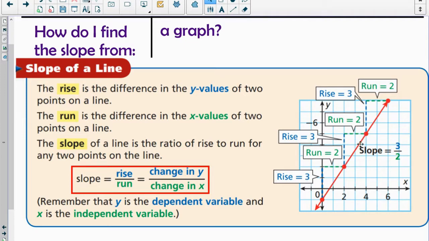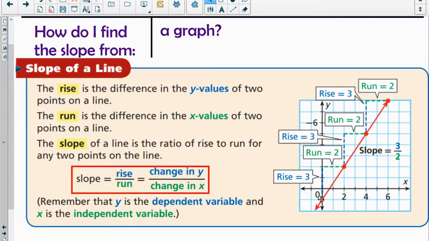If I look at the rise between my second dot and my third dot, again, I count straight up vertically, 1, 2, 3 spaces, and that gives me a rise of 3 until I'm at the same level as my dot. The run is the horizontal change, the difference in the x values, in other words.